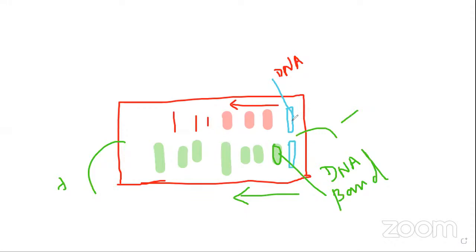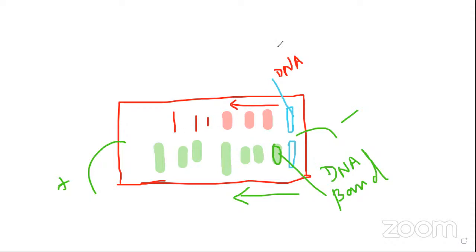The DNA molecules loaded here, after being kept under the electric field, migrate from negative to positive only. At that time you will obtain the band-like structure. This is the band.